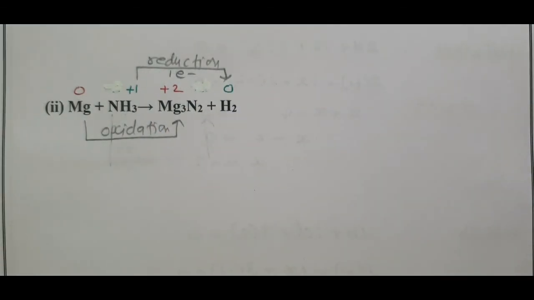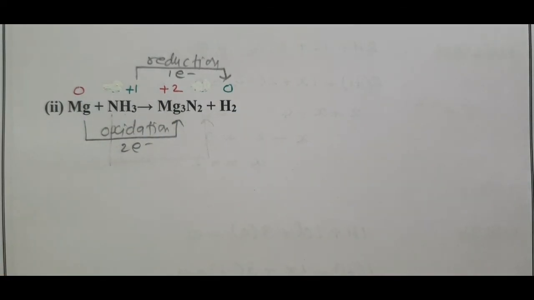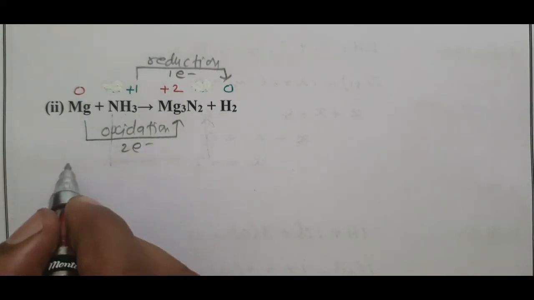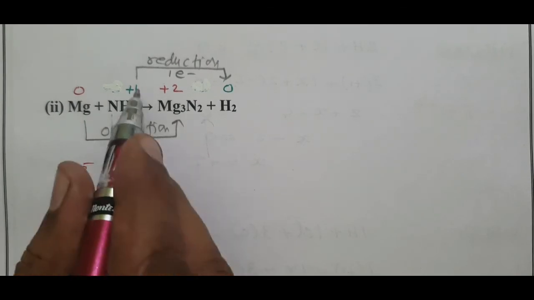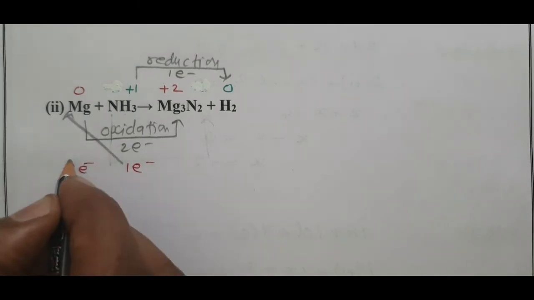Now here, how many electrons are involved? 2 electrons. So near magnesium, write 2 electrons. Near ammonia, 1 electron. After cross multiplying by the number of electrons, here 1, here 2.